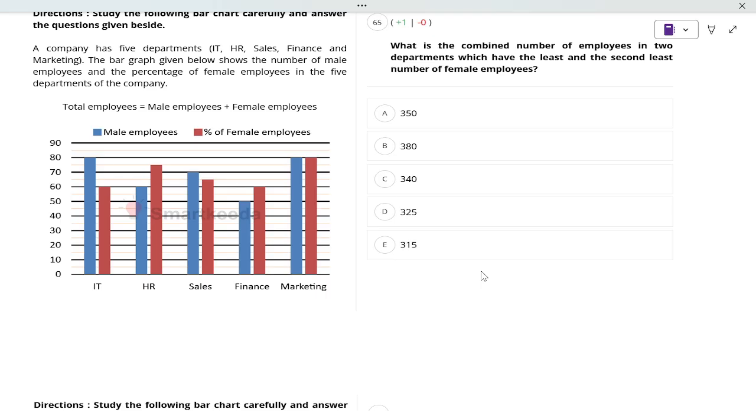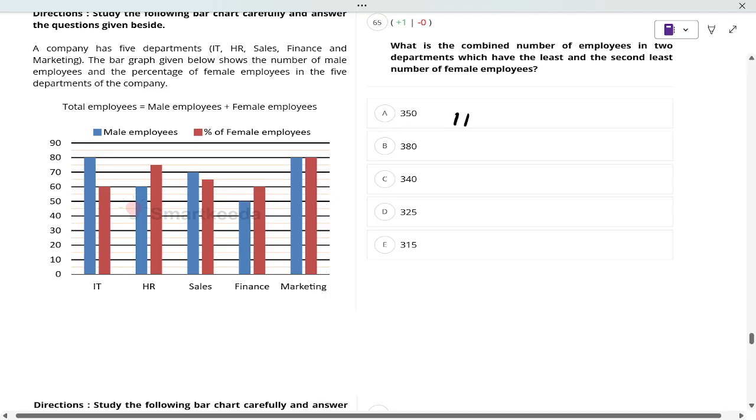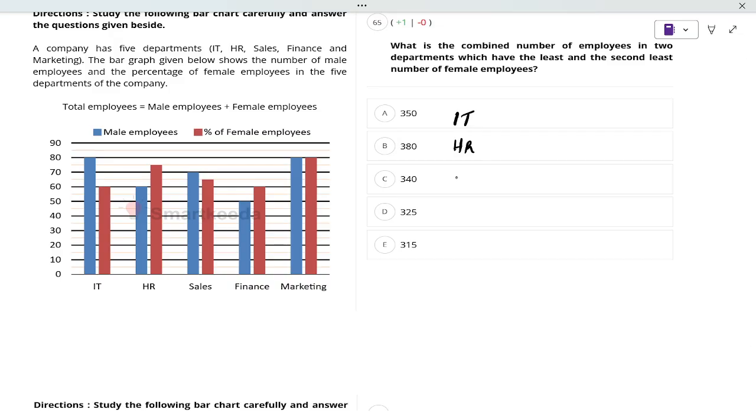The red one is in terms of percentage of female employees, and male is given in terms of numbers, right? So here we need to make a table by any means. So let's say IT, HR, sales, finance and marketing.